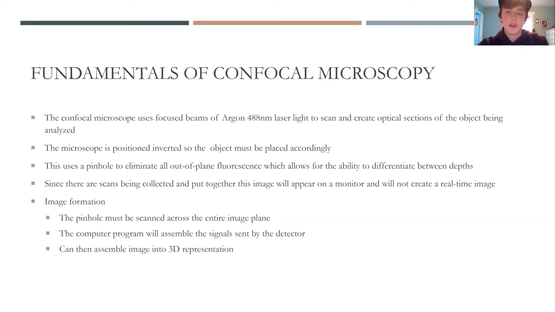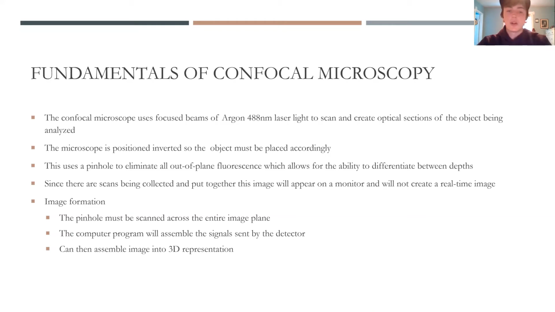My object was placed upside down so that the objective lens could see the top of my object. The confocal microscope uses a pinhole to eliminate all the out-of-plane fluorescence, which allows for the ability to differentiate between depths, which can be visualized again in the masterpiece image.